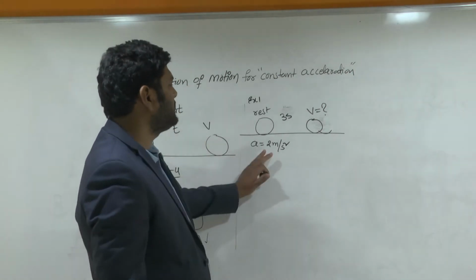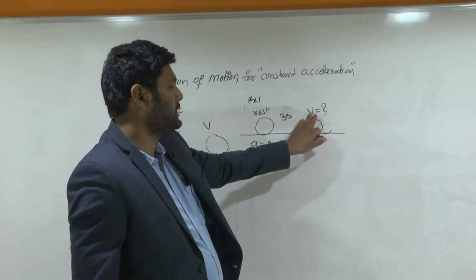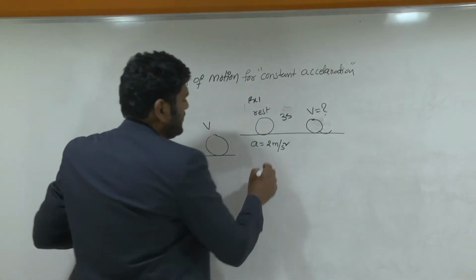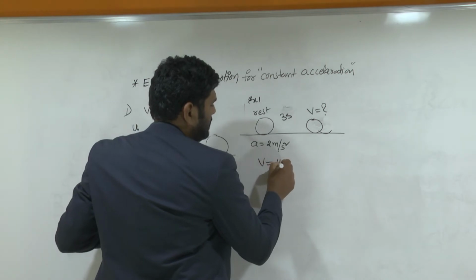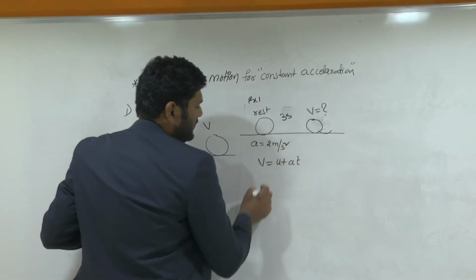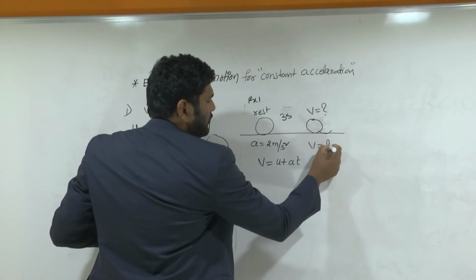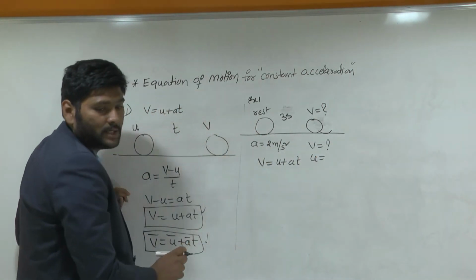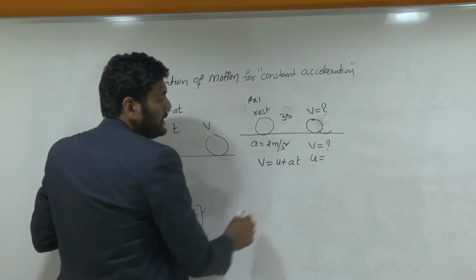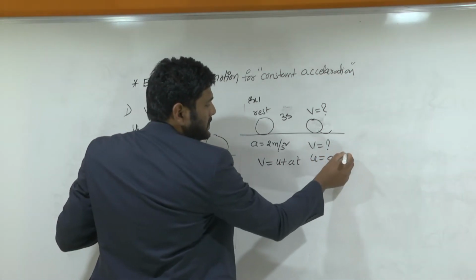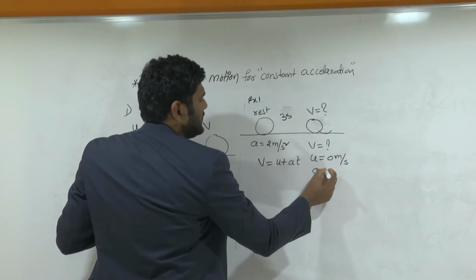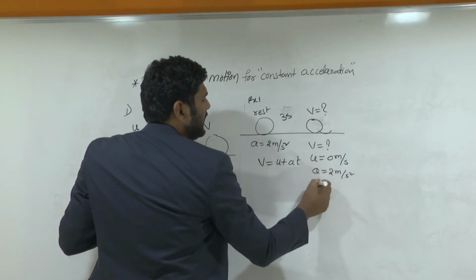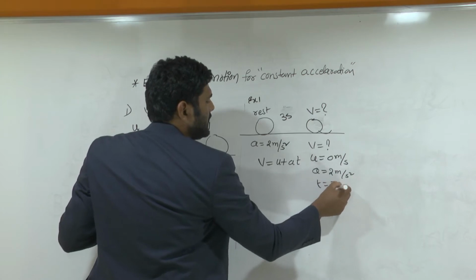You can find this velocity after 3 seconds by using equations of motion. What is the first equation of motion? V is equal to U plus AT. In that, V we have to find, then U, it starts from rest, so the initial velocity is 0 meter per second, its acceleration is 2 meter per second square, and the time is 3 seconds.